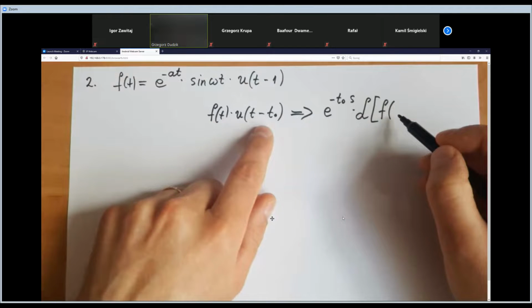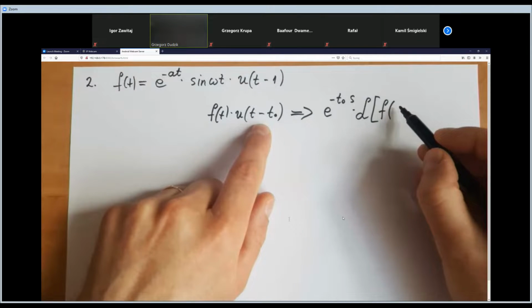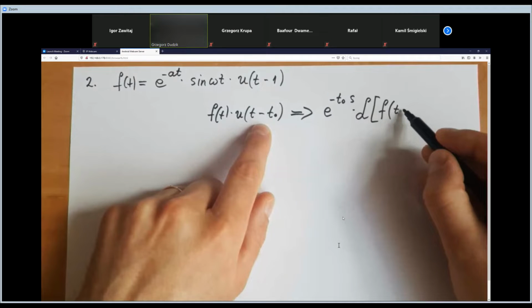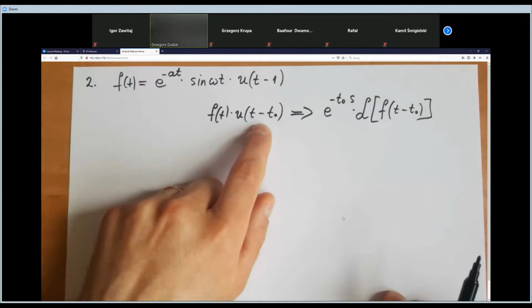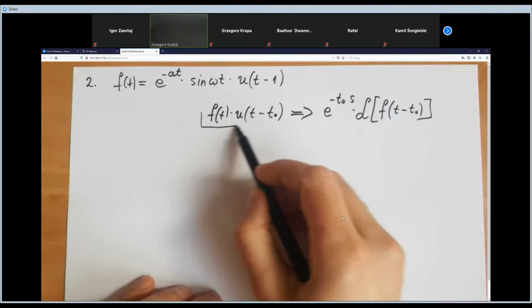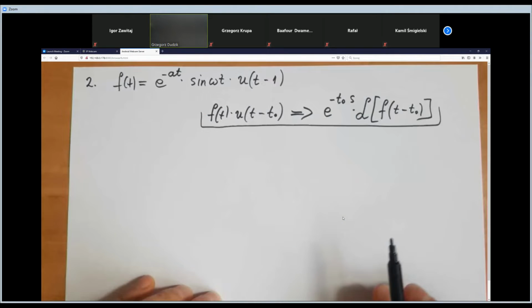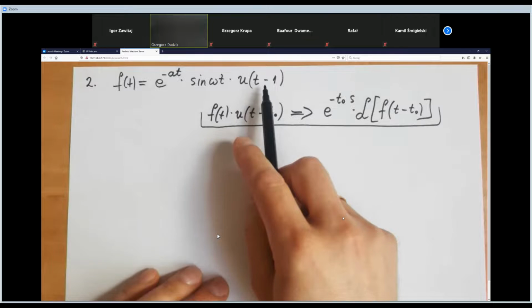However, we have to substitute t minus t0. This is the general expression where we have the unity function shifted by some value.